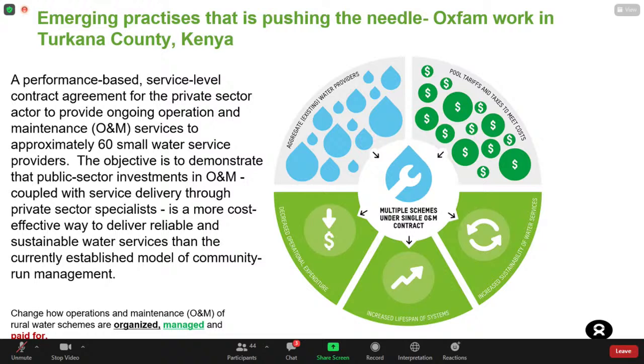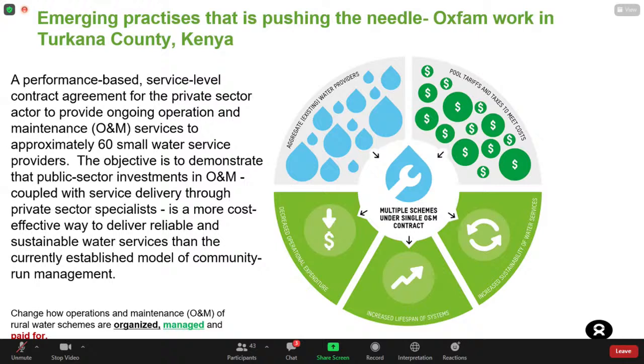So through this model, we want to demonstrate that the public sector investment in operation and maintenance, if you add that with service delivery through the specialized support from the private sector, would be a more cost-effective way to deliver reliable and sustainable water services than what most countries are having, where you're talking about community-run management models.